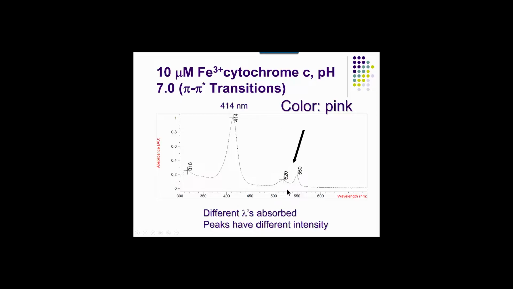And notice there's an increase and a separation in the two overlapping bands that I showed you earlier that were centered around 528 nanometers. Now they're well separated and significantly more intense. This is the result of a change in the oxidation state of the iron. And why are these changes happening?